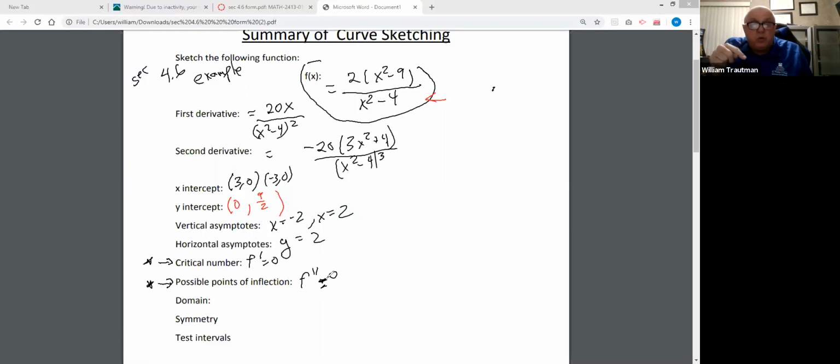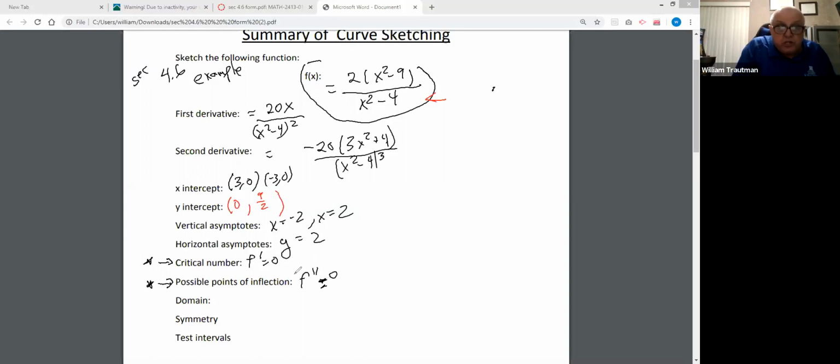Critical number is when the slope equals 0, right? It's the valley or the peak. A critical number is the highest point or lowest point, a relative minimum or a relative maximum, a valley or a peak. All these words are the same thing we've used over and over again. An inflection point is when the second derivative equals 0. Inflection points are where the concavity changes from concave up to concave down.